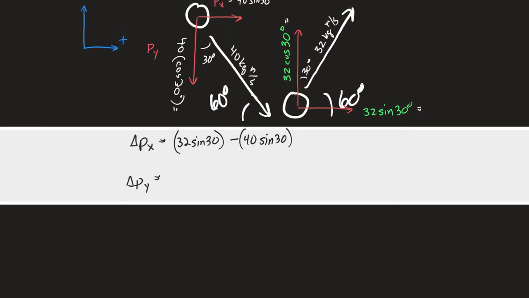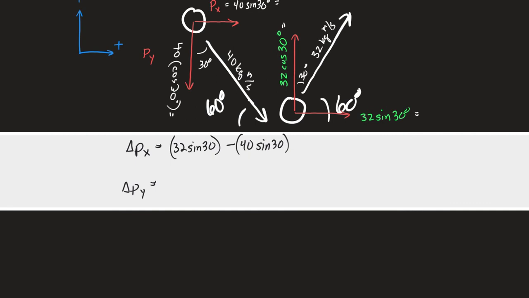So move it up a little bit higher because people are struggling to see. In the y direction, I'm noticing that it's going down initially and then up after the collision. So the final momentum is positive 32 cosine 30, minus the initial momentum, which was negative 40 cosine 30.